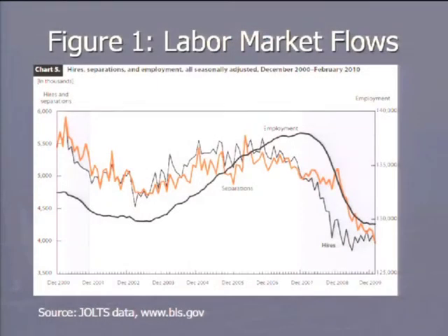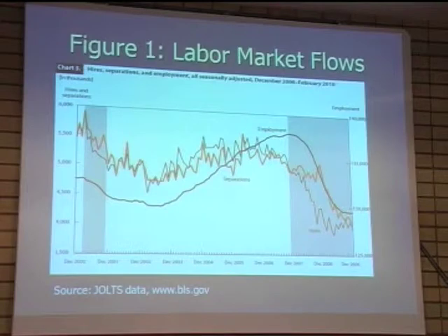Now here's a picture of that from the employment side, the last 10 years in the United States. Flows are measured on the left. The spiky black line is the flow into employment, the flow of new hires. Each of these points is a month during the period December 2000 to about a year ago.